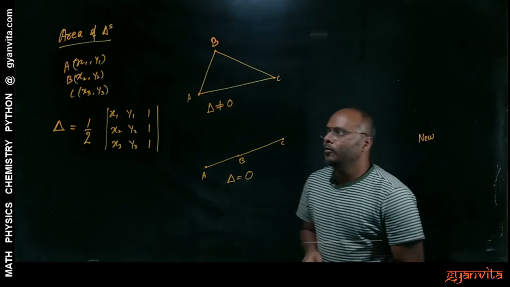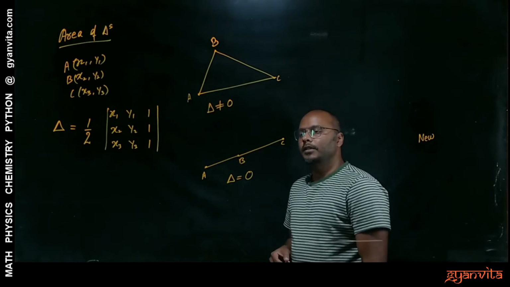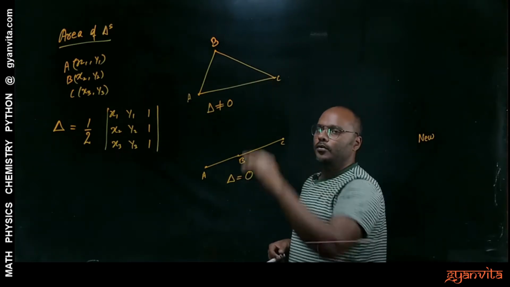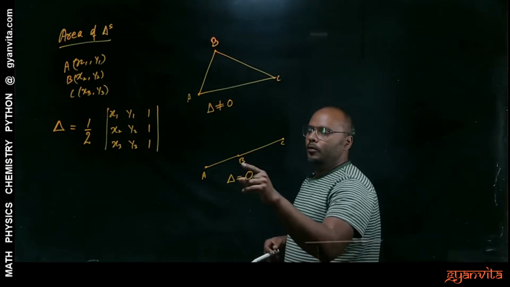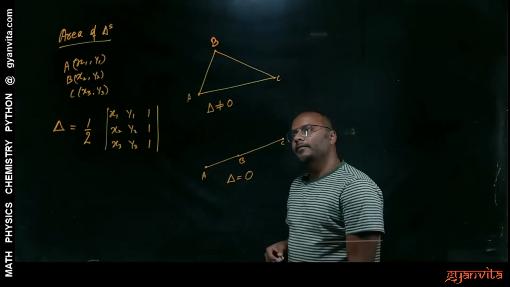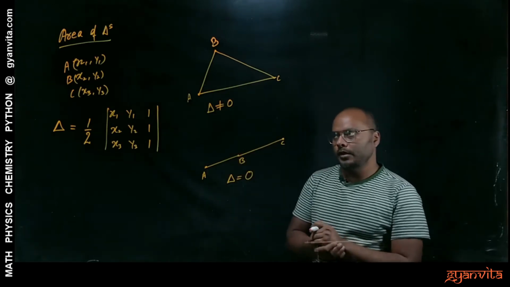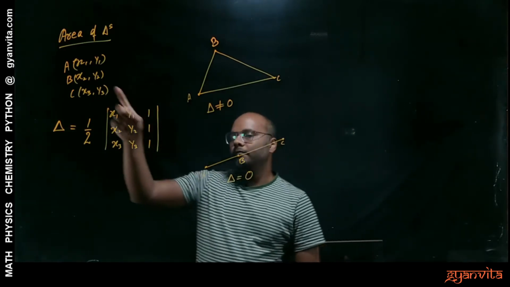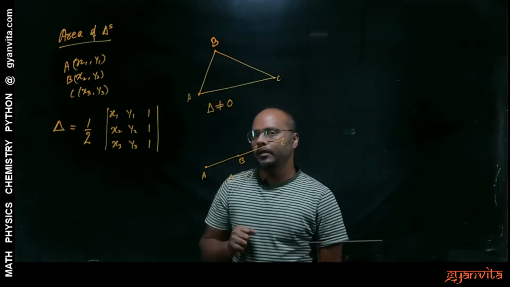So that is how you can even use determinants to check whether 3 given points are collinear or non-collinear. If they are collinear, the area will be equal to 0. If they are not collinear, the area won't be equal to 0. You will get a proper area. One more thing, this determinant value will be a single value, but you may also get negative values.